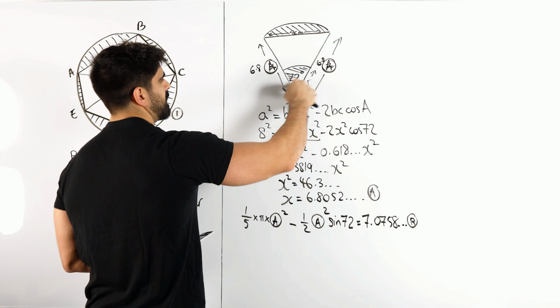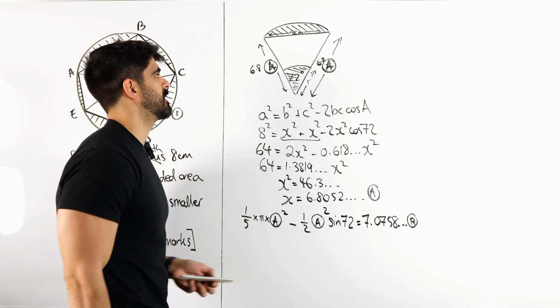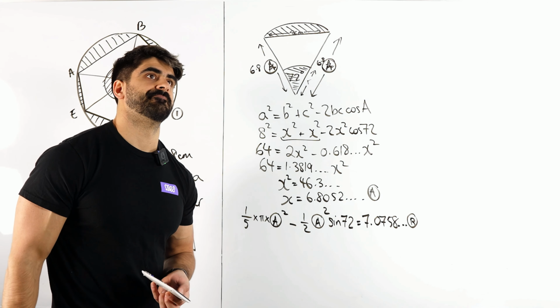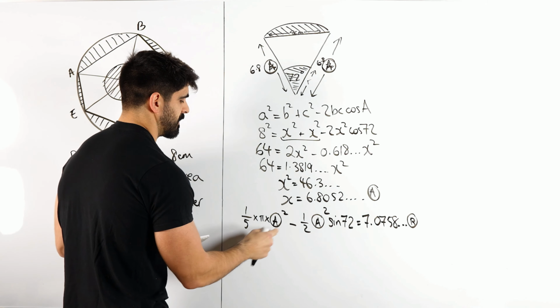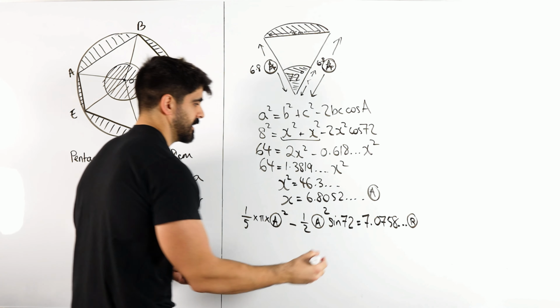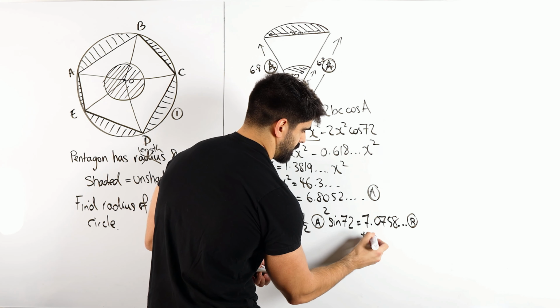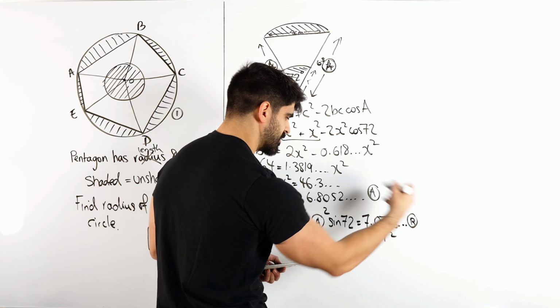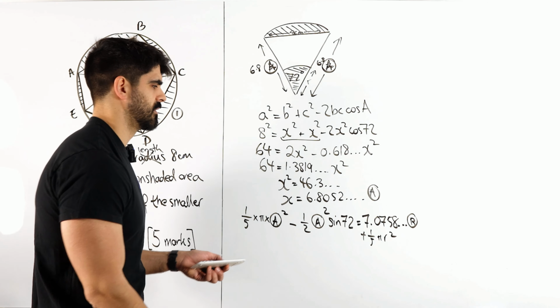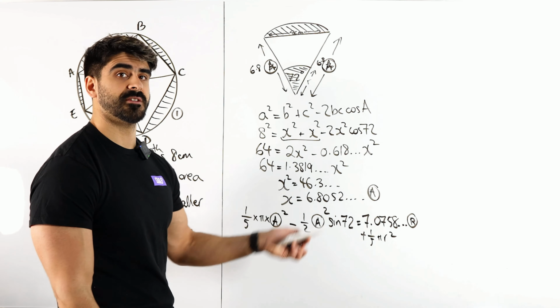Now that shaded bit there is doing the same thing. It's just this, but 1/5 pi r squared. So we're going to add 1/5 pi r squared, and that is our shaded bit.